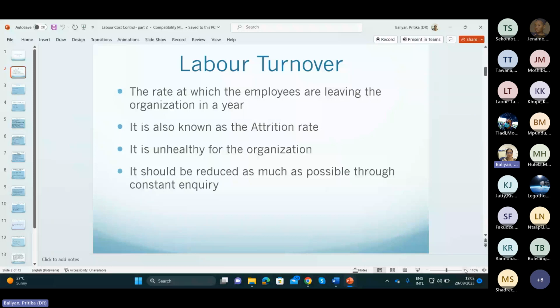In other words, labor turnover indicates the rate or ratio of movement of workers of an organization. Movement means how many workers are joining the organization and how many workers are leaving. That is called the rate of movement of the employees.